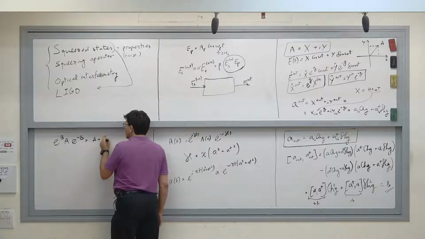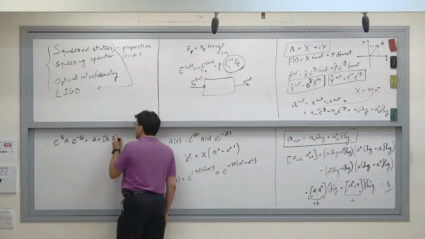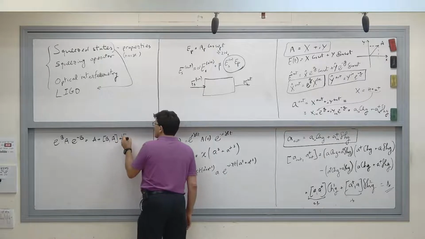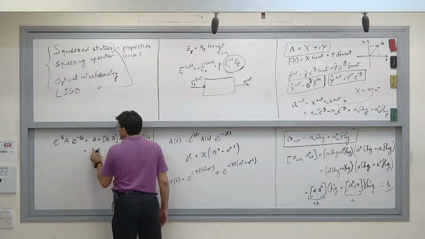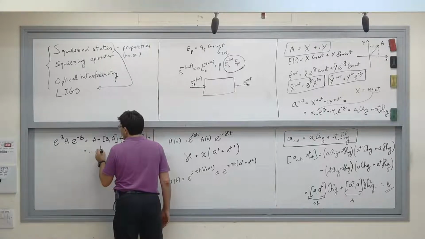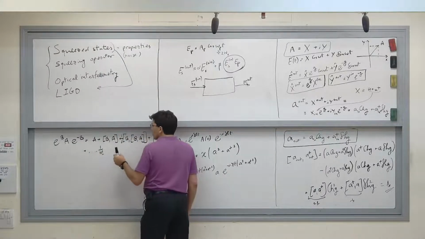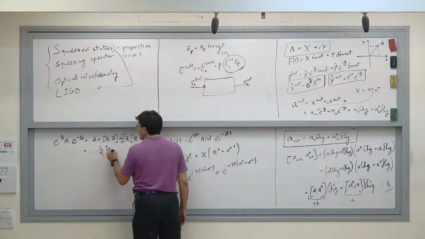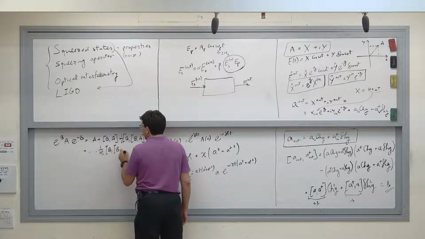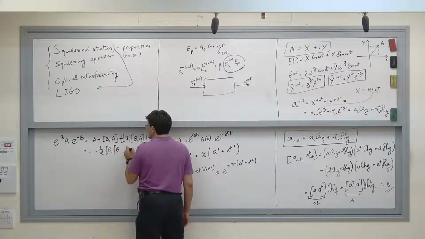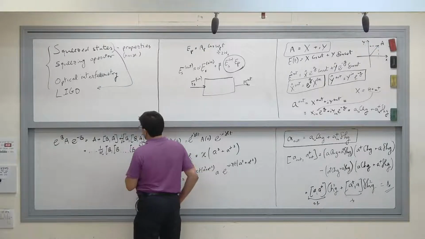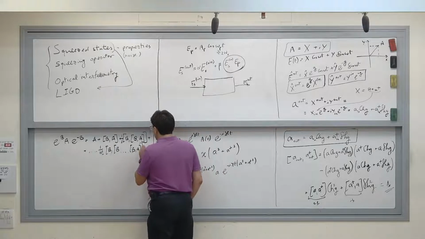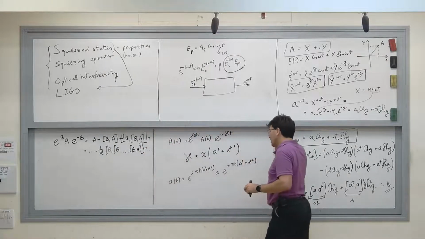A plus the commutator of B with A, plus one half the commutator of B with the commutator of B with A, plus, up to 1 over n factorial times the commutator of B with A taken n times. Exactly.